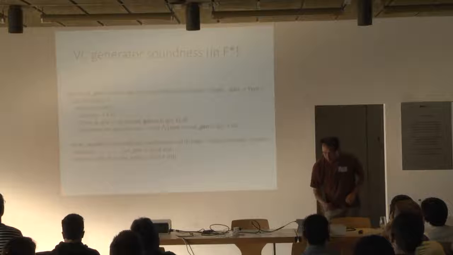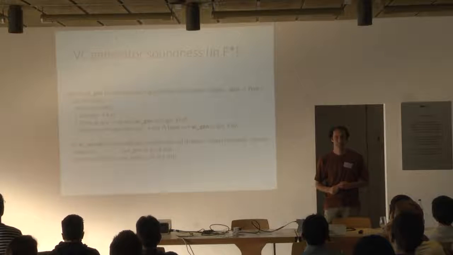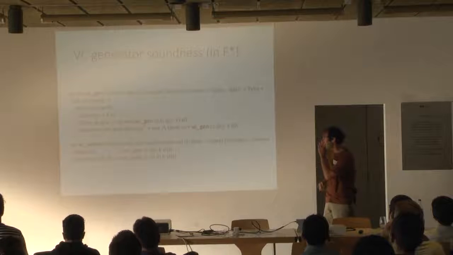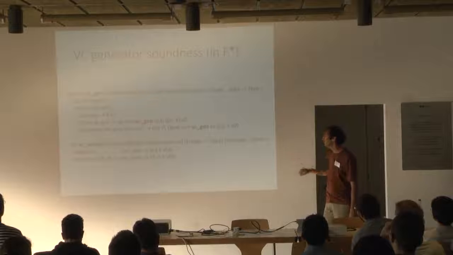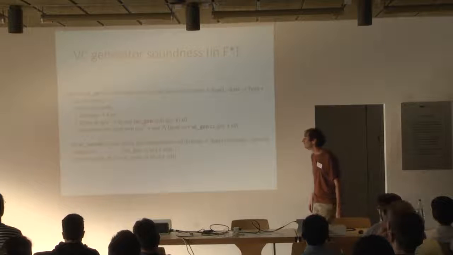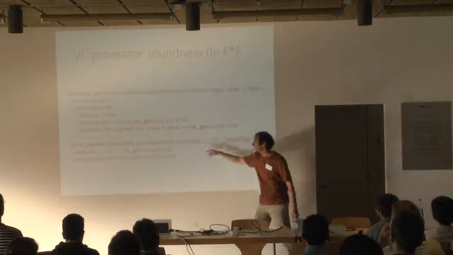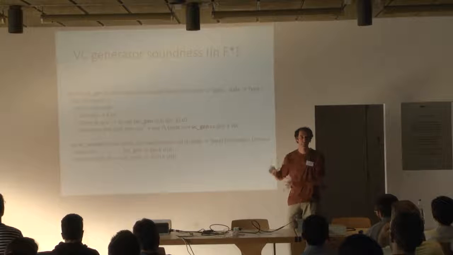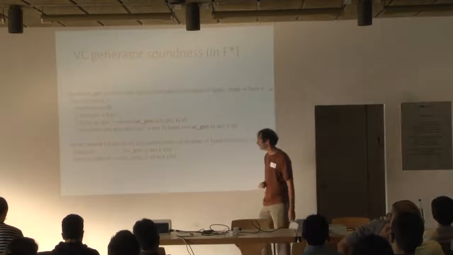Let me just show one more thing here, which is the statement of the soundness of this. As I said, we're going to prove the soundness of this lemma within F-star. I won't show you the proof. I'll just show you the requires and ensures for the soundness lemma. And what this is going to say is, in order to call this lemma, you are required to prove the verification condition for a particular procedure, represented by this data structure here.